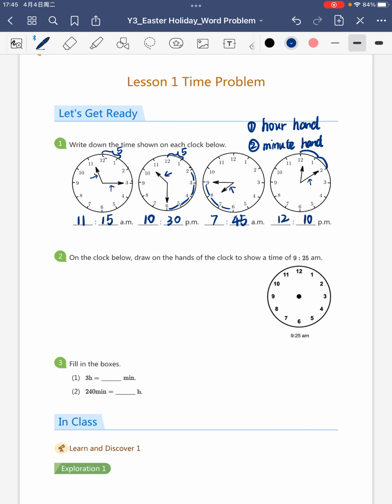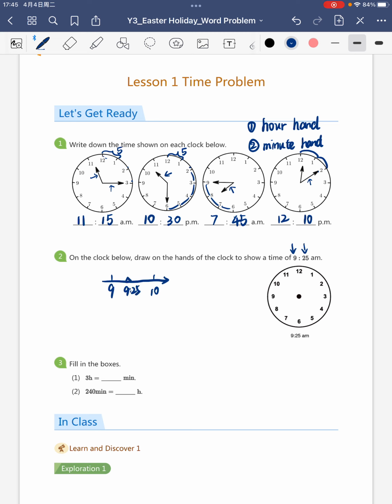So basically for the hour, it should be 9, and for 25, it's the minutes. For 9:25, it's a time between 9 and 10, right? So 9 o'clock, 10 o'clock. This is 9:25.